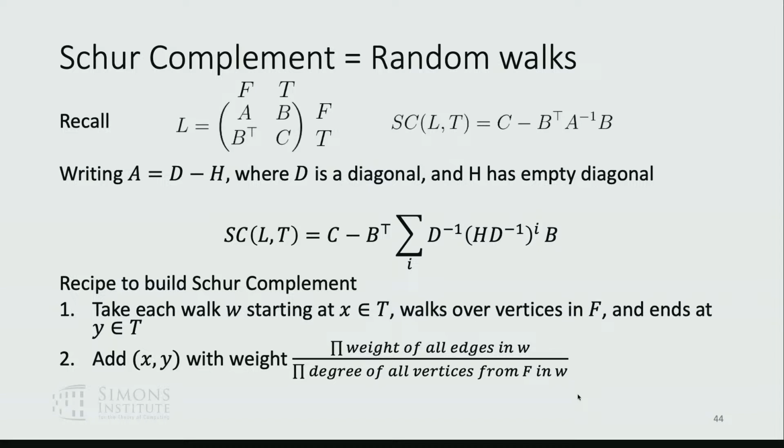In the denominator, you want the degrees of only the vertices in F. So if my walk was X, U, V, Y, there are a total of 4 vertices, 3 edges. The numerator has the product of 3 edge weights. The denominator has the product of degrees of only the 2 internal vertices. And that's really popping out of here. All of this is completely coming out of this formula.